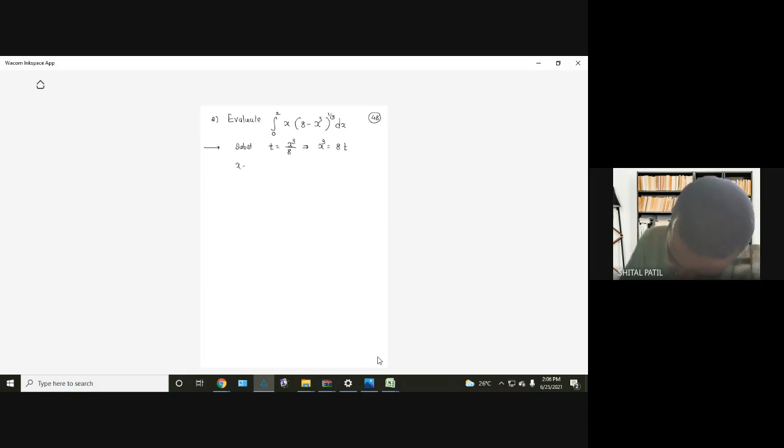What is x? Cube root. Cube root of 8 is 2. So these values are to be used.